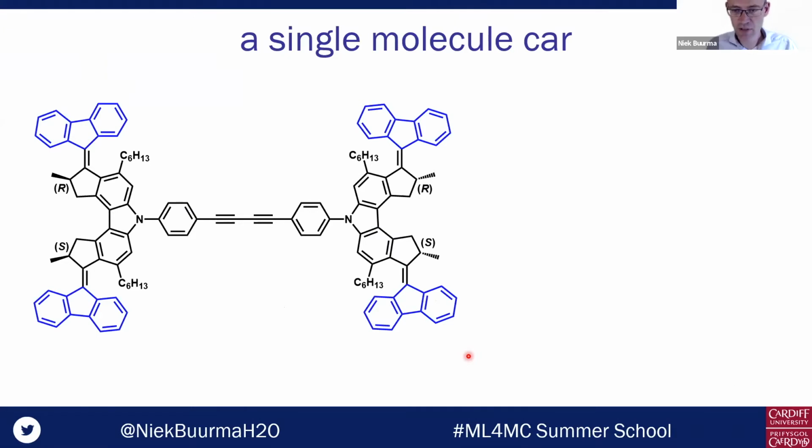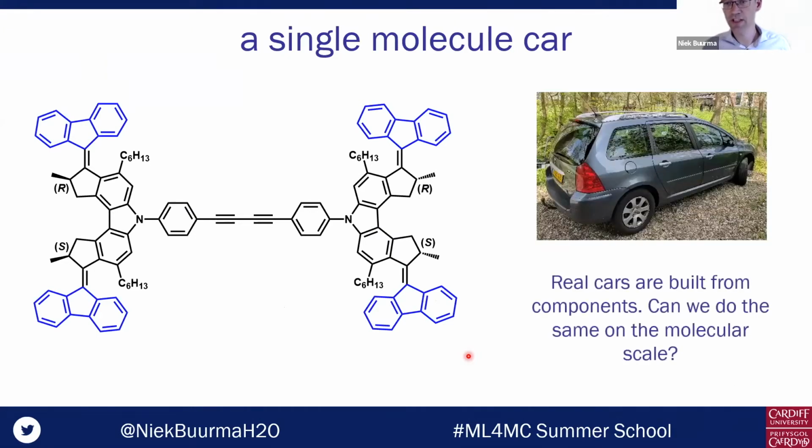But now let's have a look at a real car. And for those of you who have forgotten what a real car looks like, it may look something like this. This car is clearly not a single molecule. It is built from components. So the question that we are now asking ourselves is, if real cars with functionality to drive us somewhere are built from components, shouldn't we try to do that on a molecular scale as well?